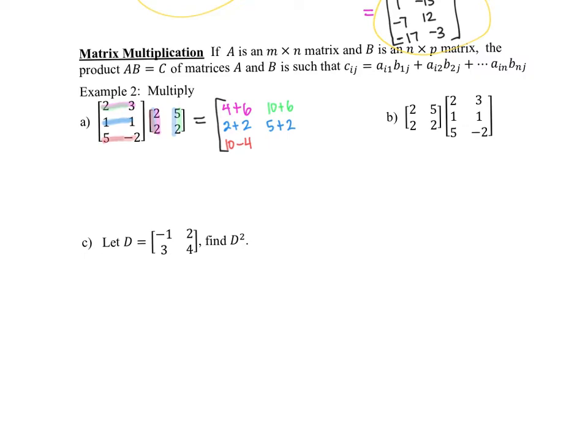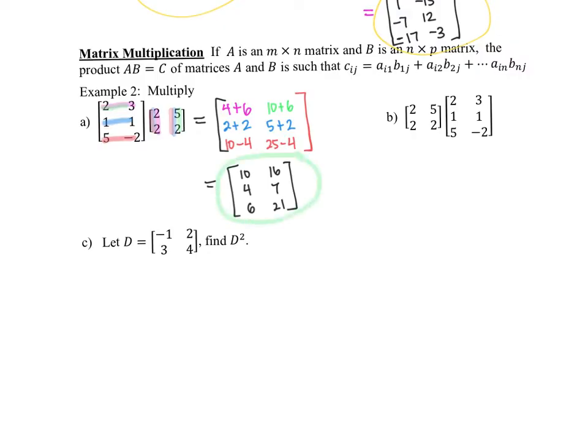And then what do I have? Row 3, column 2. 5 times 5 is 25, minus 2 times 2 is 4. Okay, that's the step I'm going to ask you to show. And then the resultant matrix is going to be 10, 4, 6, 16, 7, 21. So that is the final answer after I do the multiplication.